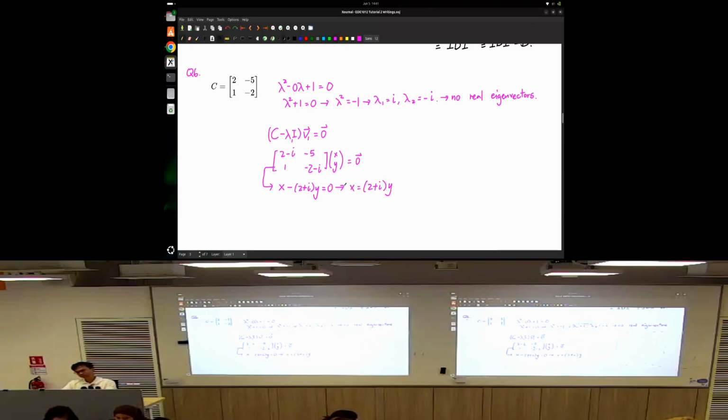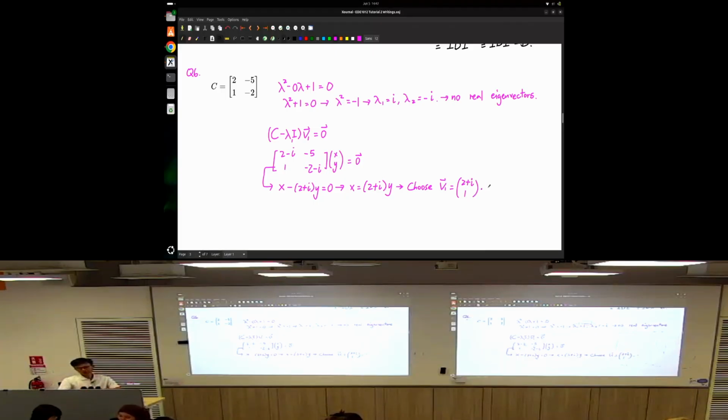This is the span in the complex space. So choose V1 by setting y to be 1, and then x must be 2 plus i. So this can be an eigenvector V1.